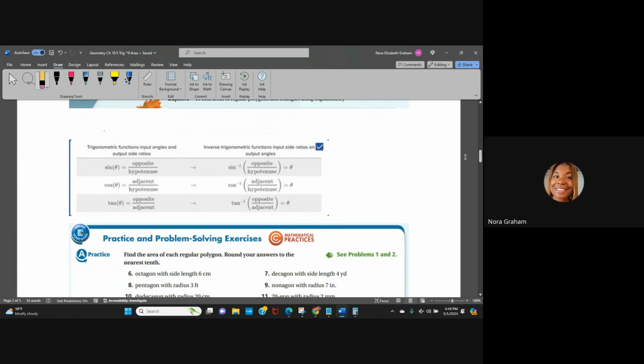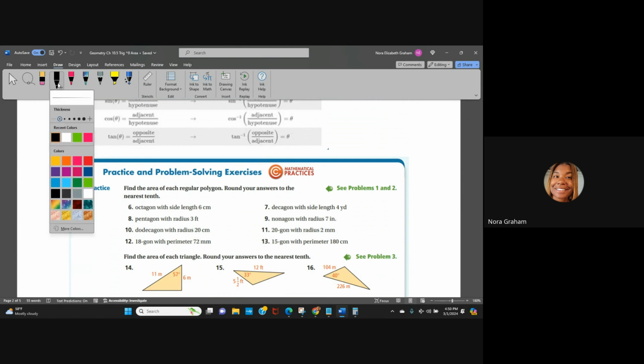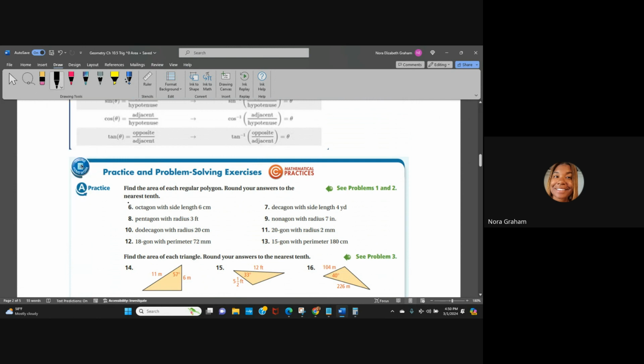For this one, I'm just going to choose random problems. If you want me to do a specific one, just put it in the comments. So let's do 6, 10, 7, and 11. Those seem like good ones. Okay, so let's start out with 6.